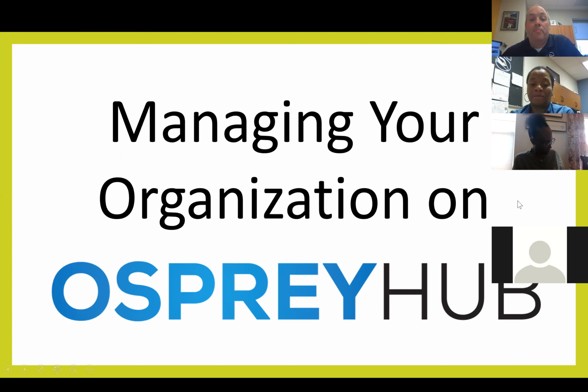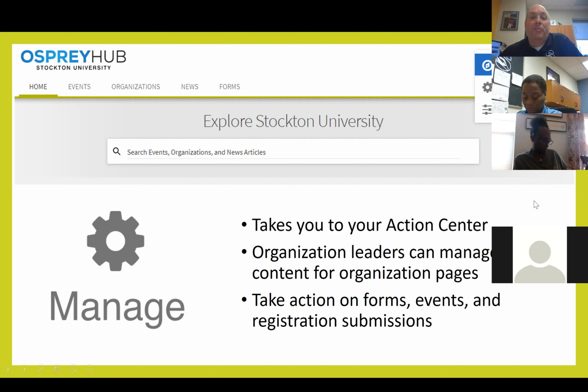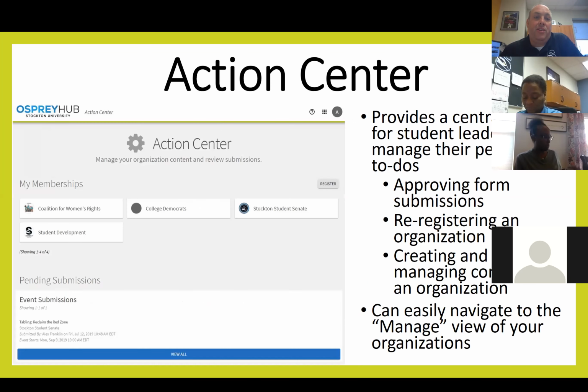So the most important thing that you're probably going to do in the OspreyHub is manage your organization. You have to manage your organization to hold events or to get to the funding software. So we'll start there. The first thing you want to do is go to Manage, obviously, and then you're going to select your organization. If you have more than one organization, you'll see it right here in the My Membership section.